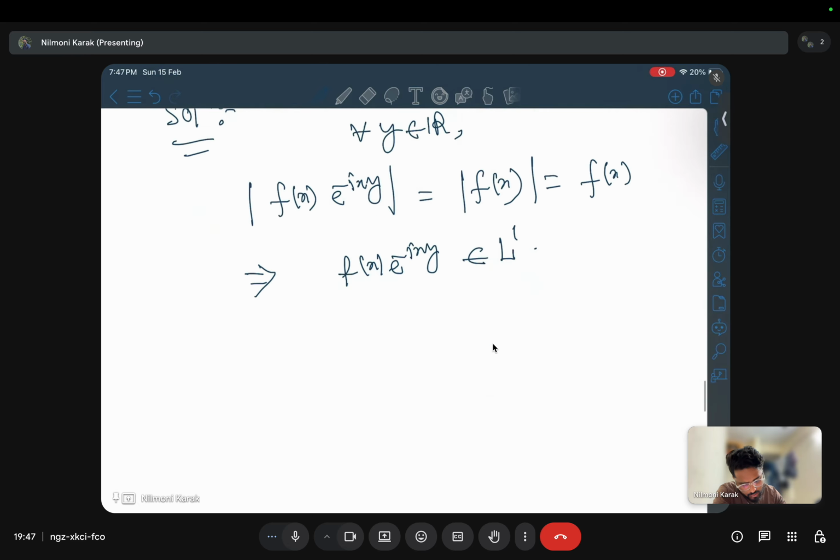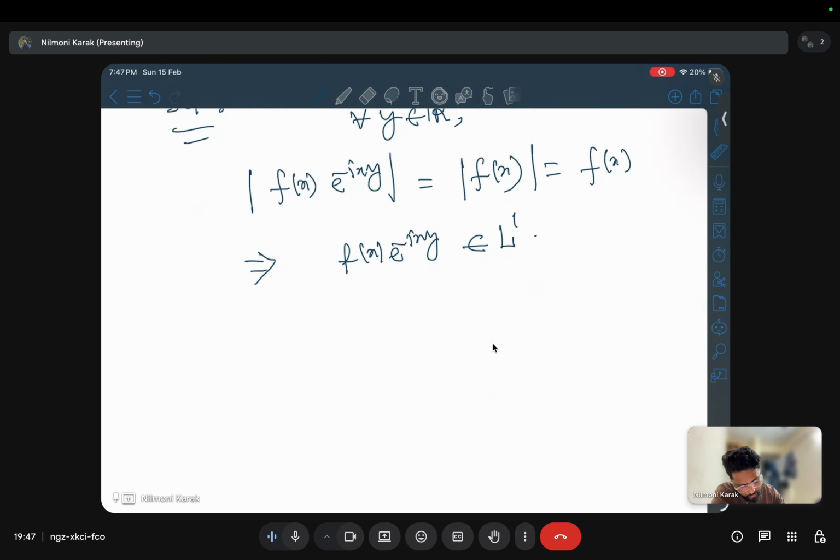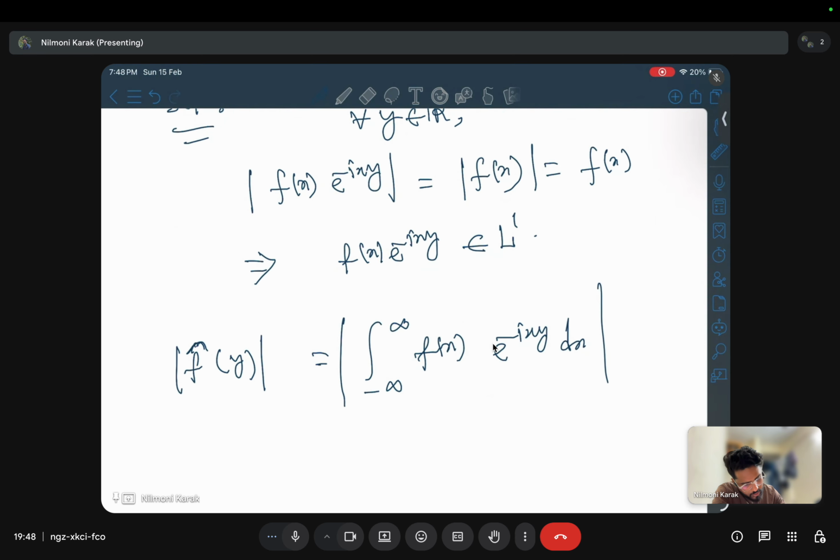Since f is in L1, now let us compute f hat at y, which is basically the modulus of the integral from minus infinity to infinity of f of x e to the power minus ixy dx.